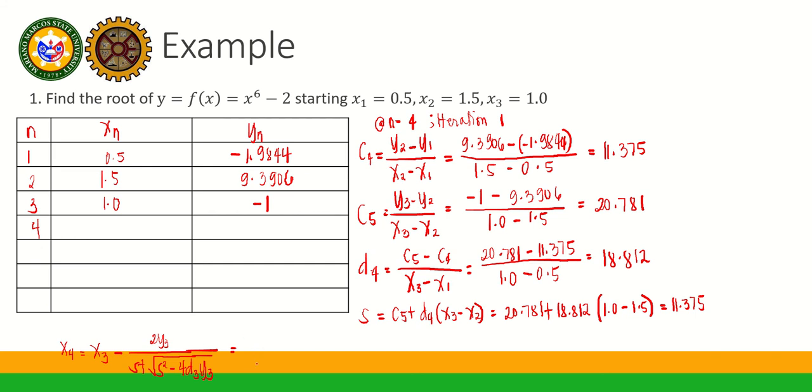This will be equal to x sub 3 natin is 1.0 minus, what is our y sub 3? That is negative 1. So, 2 times negative 1 over s natin is 11.375 plus the square root of our s, that is 11.375 squared minus 4 times our d sub 3 or d sub 4.